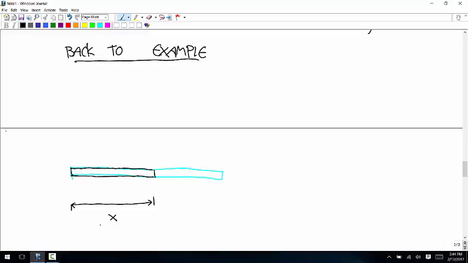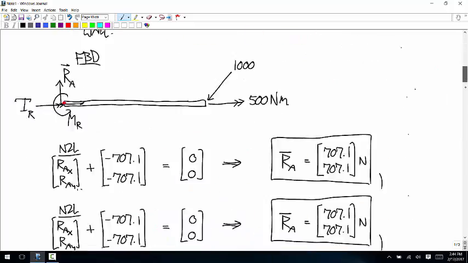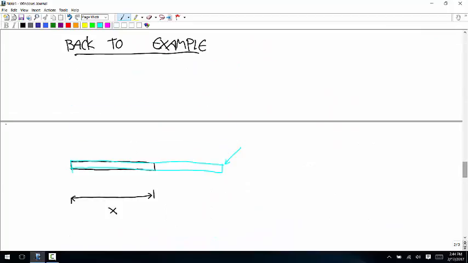But no matter what this x value is, it won't get to this force and it won't get to this torque. Which way did that torque go? Okay. And so the loads that are going to be applied are the forces at the wall, 707.1, 707.1.